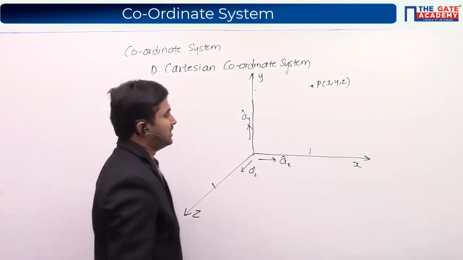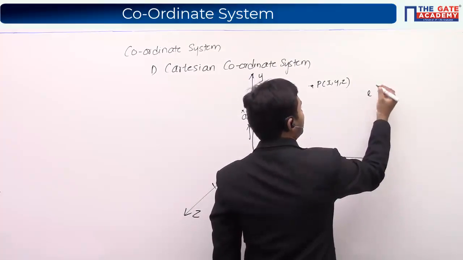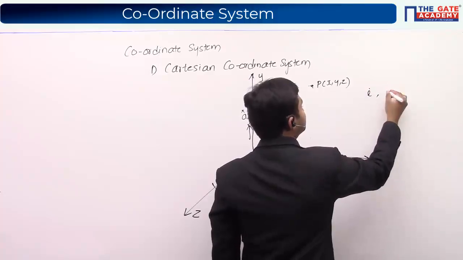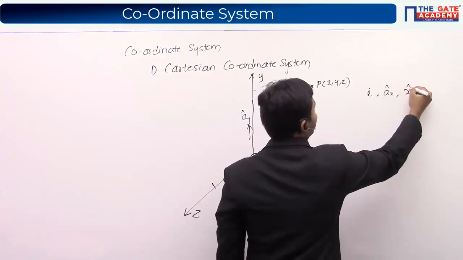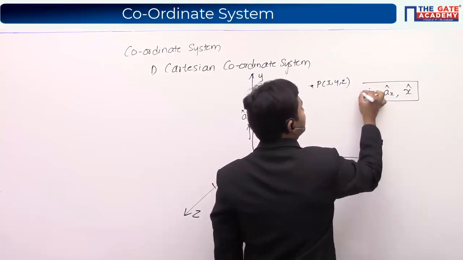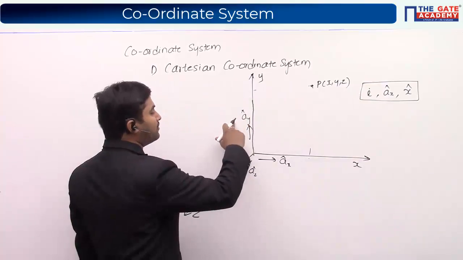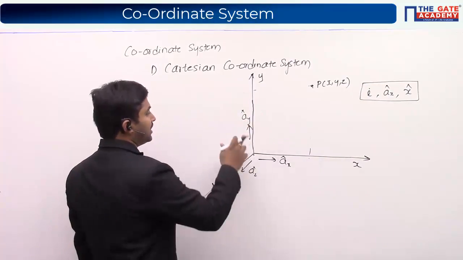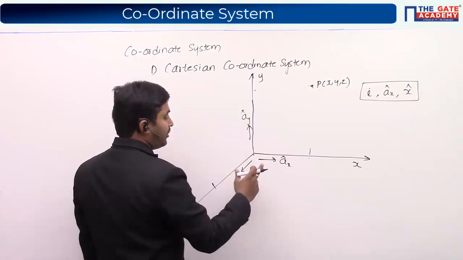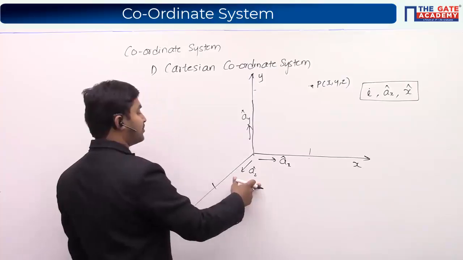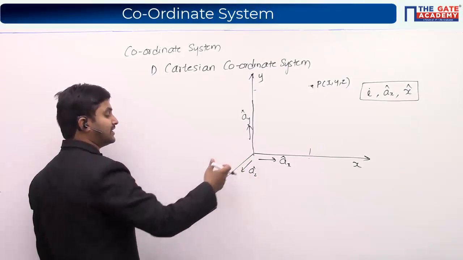See, in some textbooks the x unit vector is mentioned as i, in some textbooks as Ax cap, in some as x cap. All these three mean the same. Similarly, the usage of j, Ay cap or y cap means the unit vector in the y direction, and the usage of k, Az cap or z cap also means the same, which is the unit vector in the z direction.